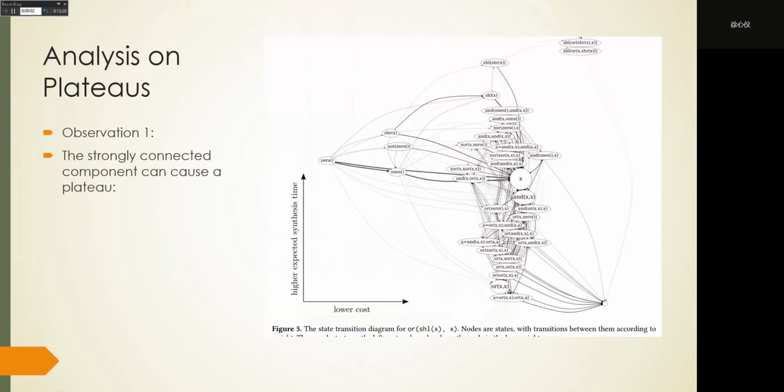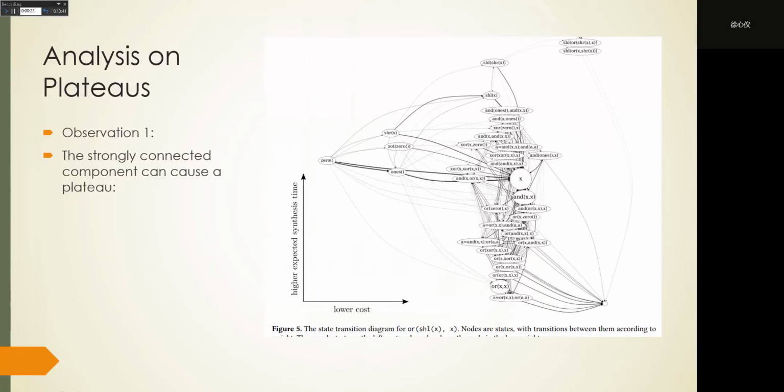We can see that there is a strongly connected component in the center of the synthesis progress.